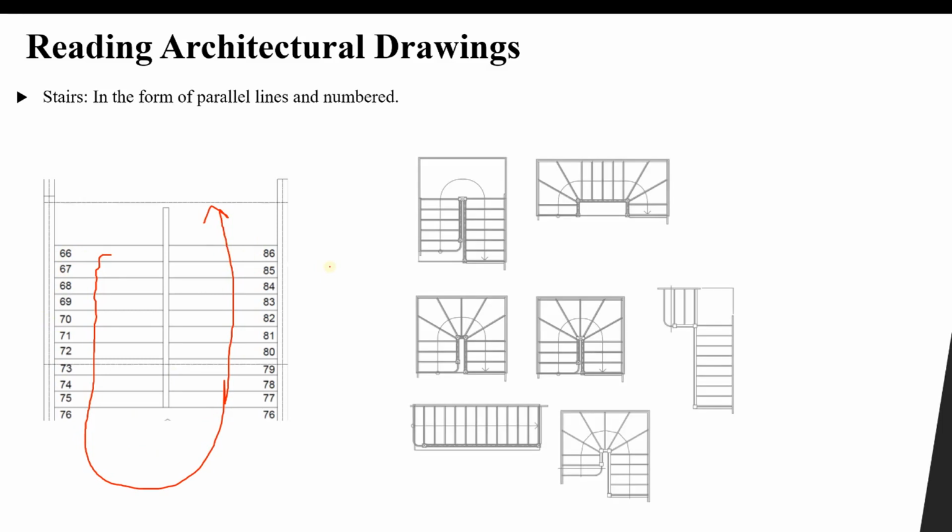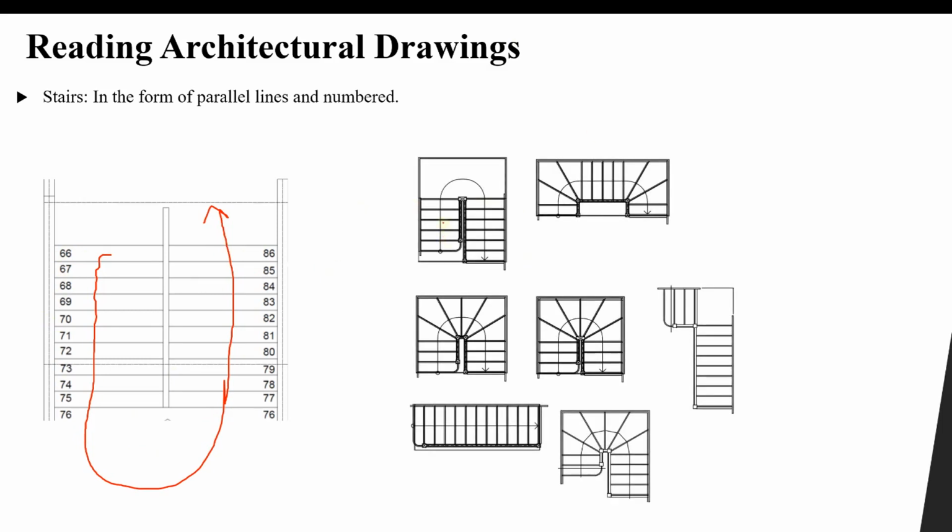Okay, there are other forms. It can be stairs where you go up like this, there is a flat surface, and then you can continue to the next floor. There is another one like this, all of it is stairs, but rotating stairs. You are going in the same direction as the arrow. For example, if you have these numbers, you will understand that we go from 66 to 67 to 68, etc. So this is the direction.